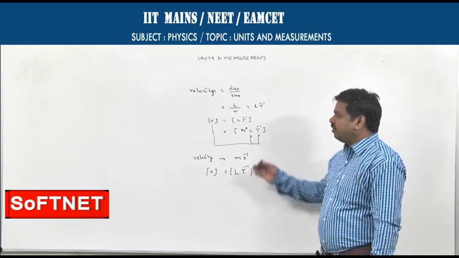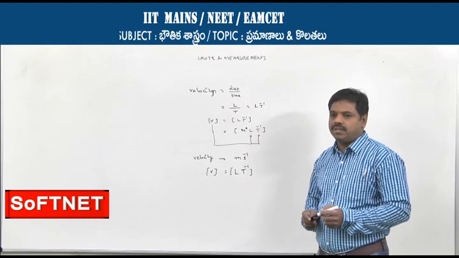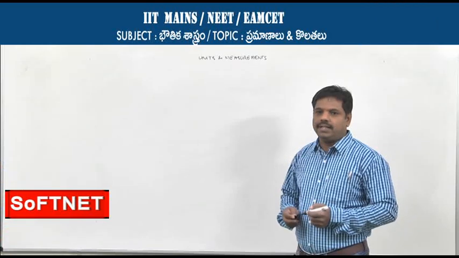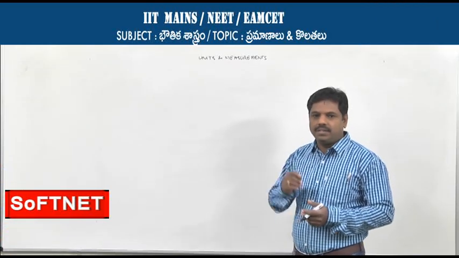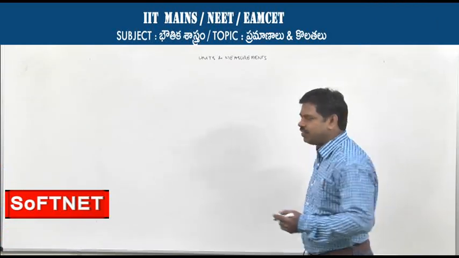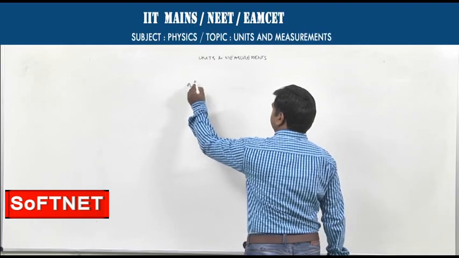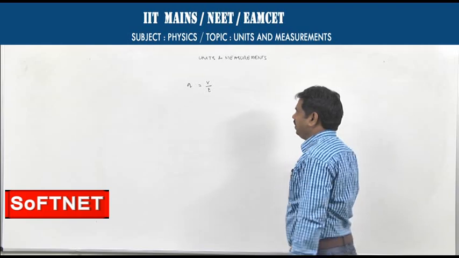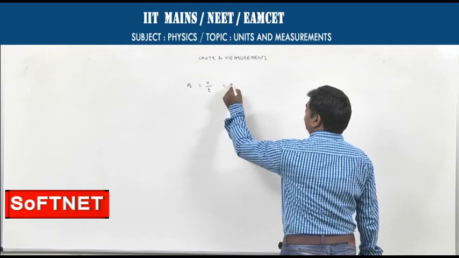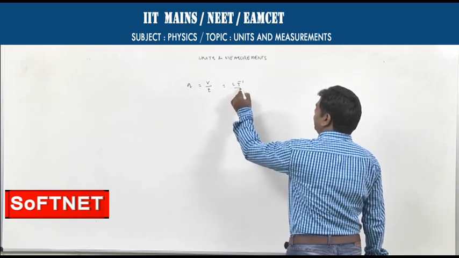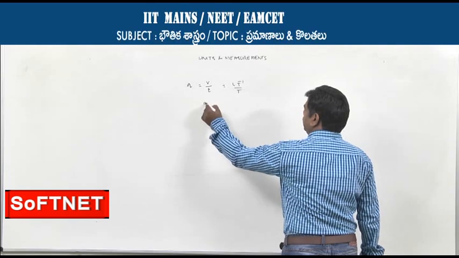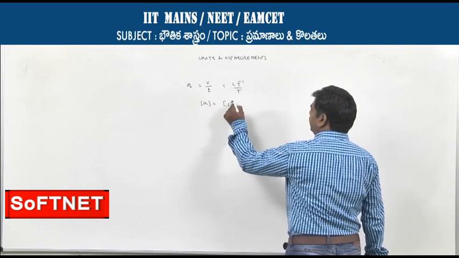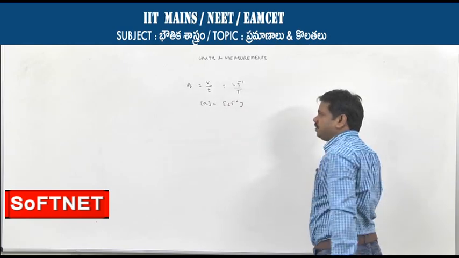Similarly, we can write the dimensional formula of different physical quantities, so let us check. For example, acceleration. Acceleration is equal to the rate of change of velocity. Then its dimensional formula simply will become LT minus 1 by T, that is, the dimensional formula of acceleration is LT power minus 2.